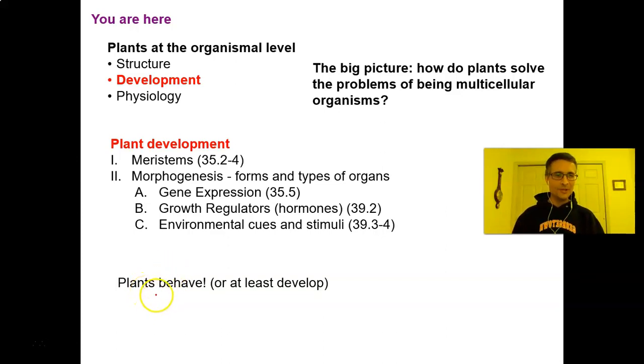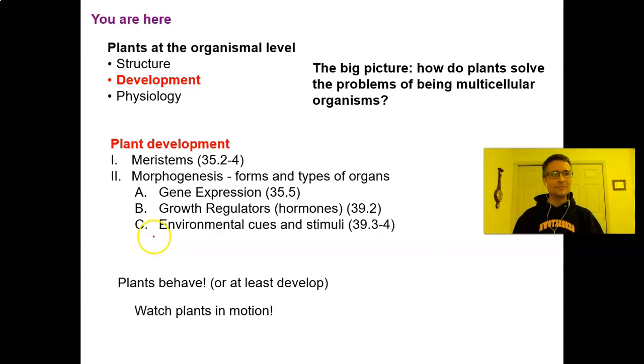Plants don't necessarily behave in the same way animals do, in the sense that animal behavior is often mediated through the movement of particular organs, achieved by movements of muscle cells and so on. Plants aren't going to behave like that, but plants are going to develop, and that's the way they behave. That's the way they respond to many of the problems they encounter in their external environment.